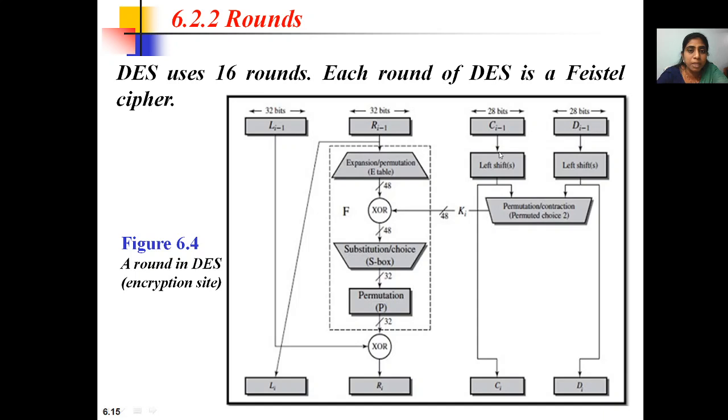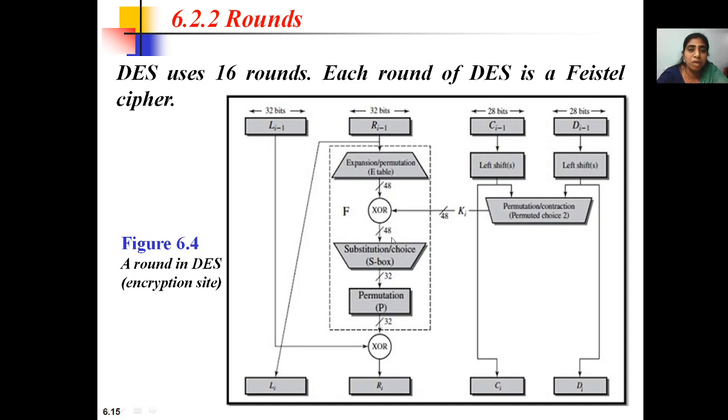That is, we do permuted choice 1, then the left shift, then permuted choice 2, and then we get the 48 bit data. That 48 bit key is applied to the round function. Here we XOR the key with the output from the expansion permutation step. Once you do the XOR, we give that output to the S boxes.